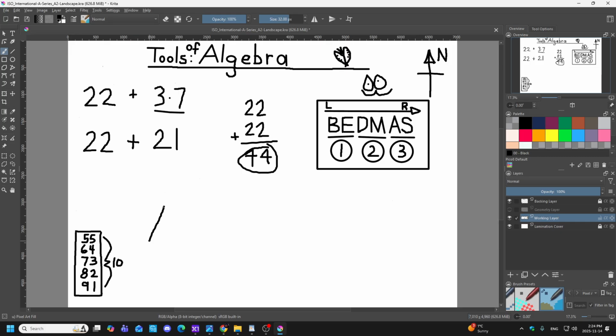So therefore our answer is 43. Okay? And step 3 is right here. Okay, once we did the multiplication, then we moved on to step 3. And now we have our answer.